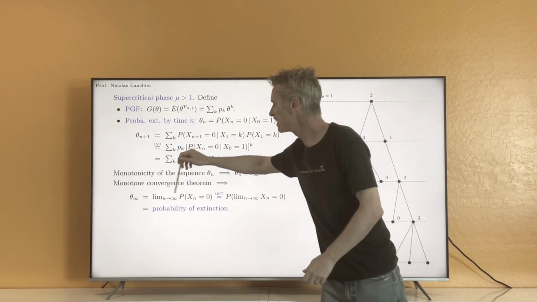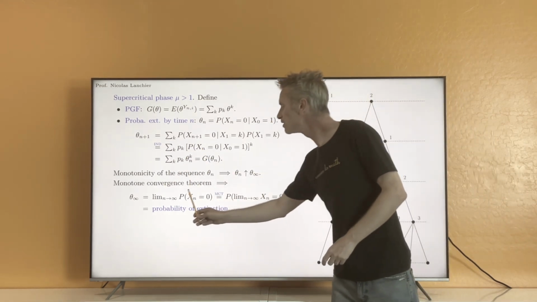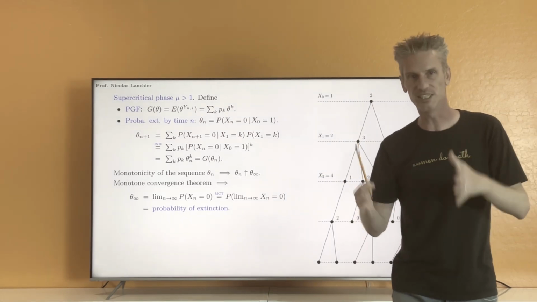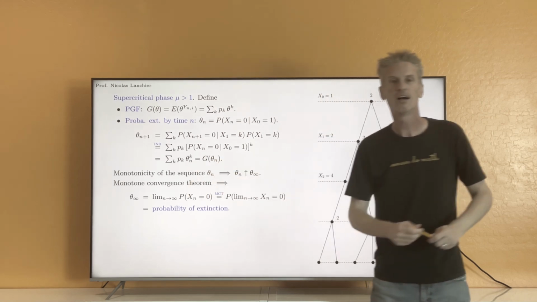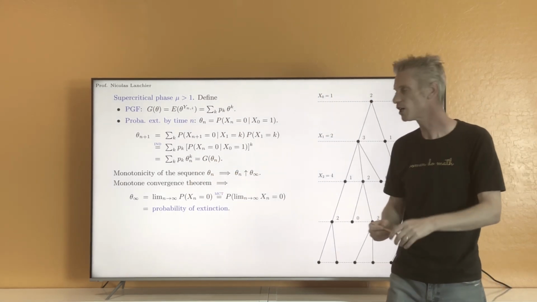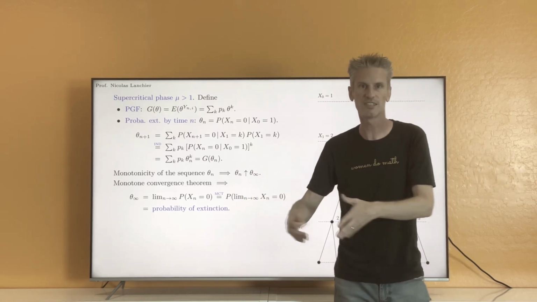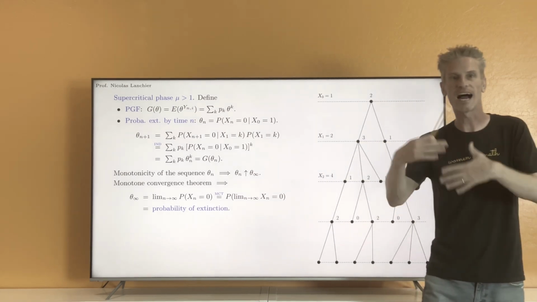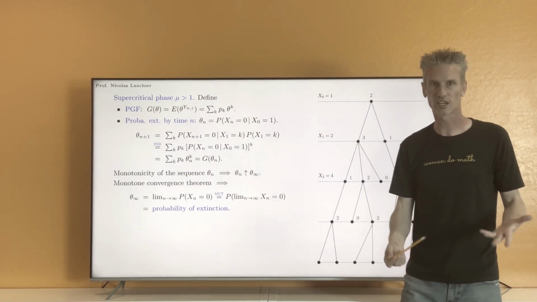Here, it's like I exchange a limit and an expected value, if you think of the probability as the expected value of the indicator function. Because those events are monotone for the inclusion, the corresponding sequence of indicator functions is monotone as a sequence of actual functions. So that's why you can use the monotone convergence theorem.